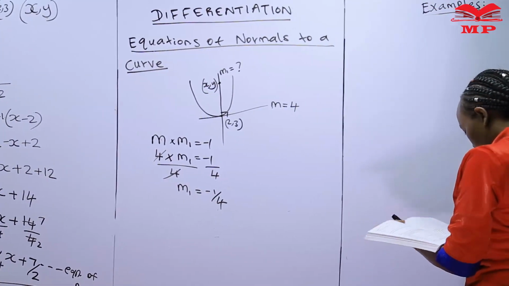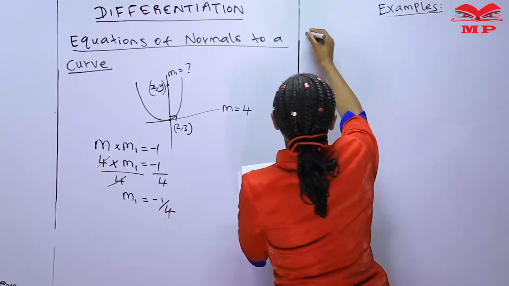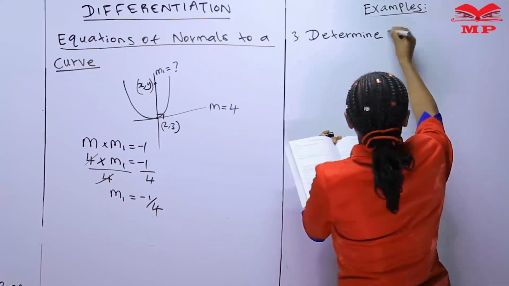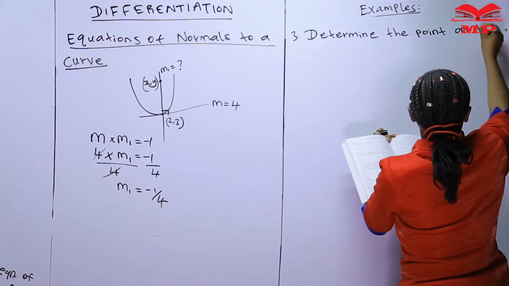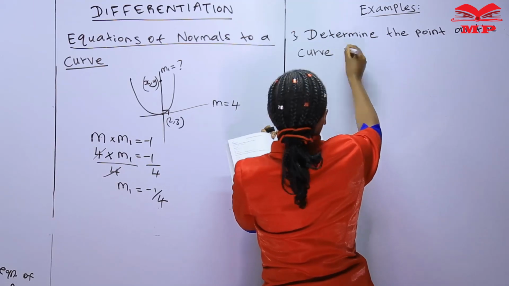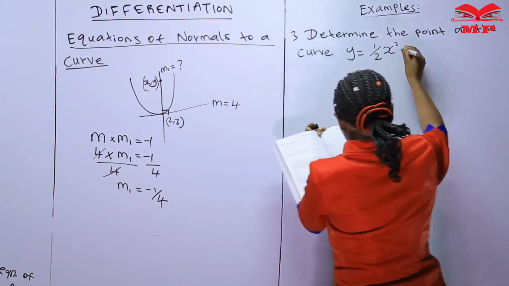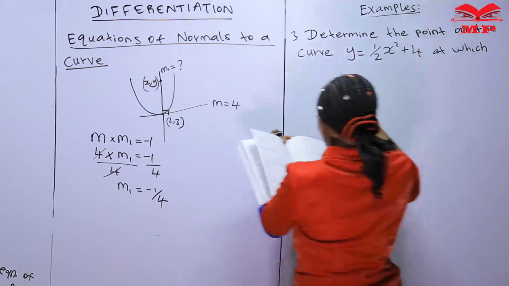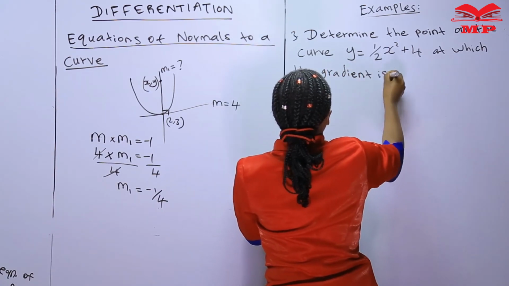we have the following. Number 3, determine the point on the curve. We have been given the curve y is equal to a half x squared plus 4, at which we determine the point at which the gradient is 8.